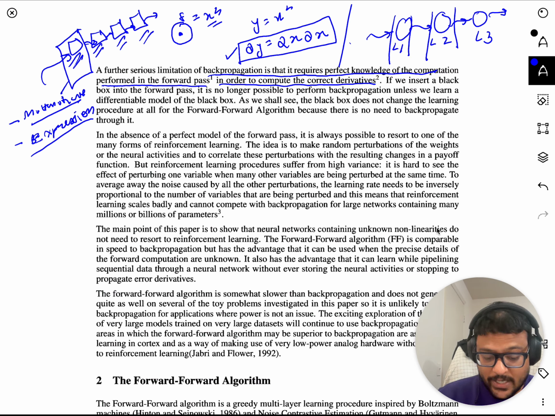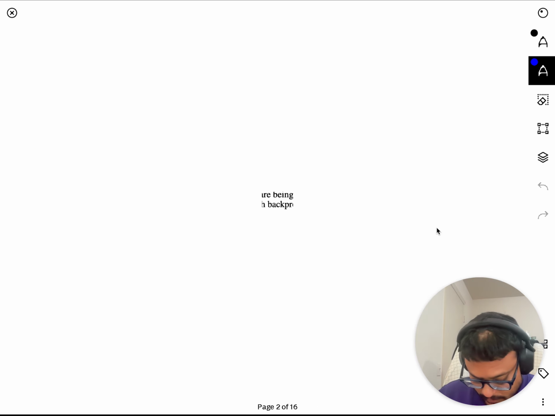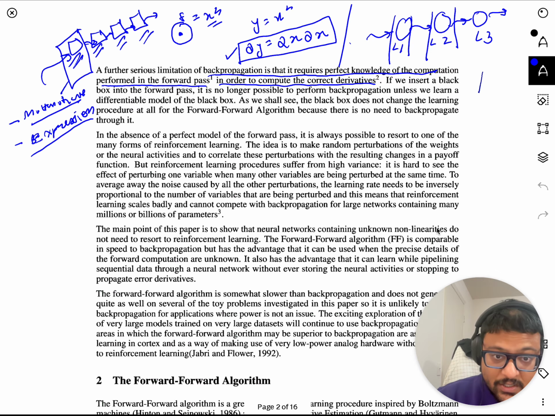Because in backpropagation, you first assume that the structure of the neural network is fixed, and then you train it, right? So that's the problem.